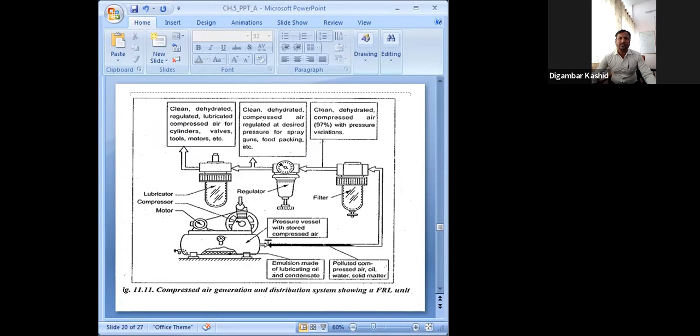Then we have the regulator, and then this lubricator. Here you can see the compressor. The compressed air delivered by this compressor goes to the filter, then moves to the pressure regulator, and at last to the lubricator.